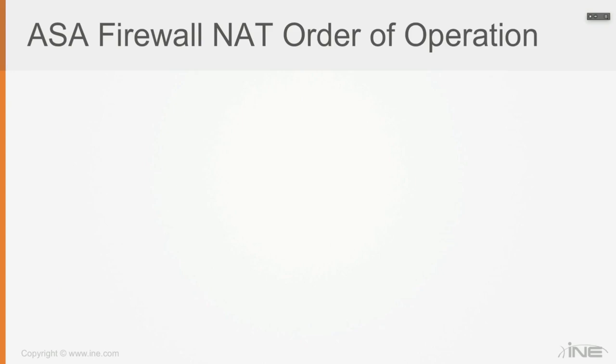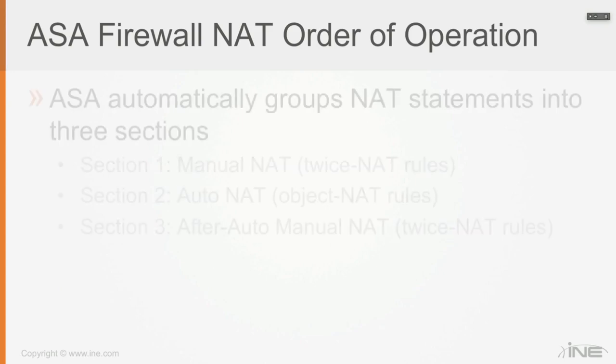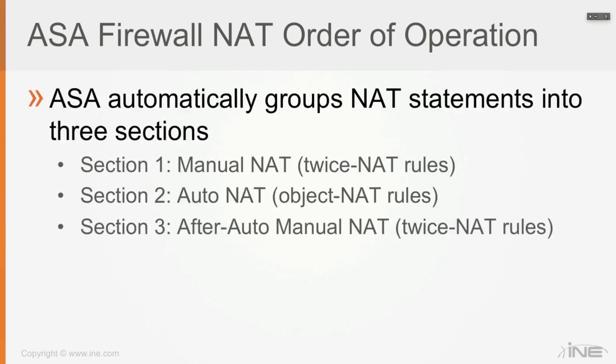Now, order of operation. The ASA automatically groups NAT statements into 3 sections. In section 1, we're going to have the manual NAT or twice NAT rules. In section 2, we're going to have the auto NAT or object NAT rules.